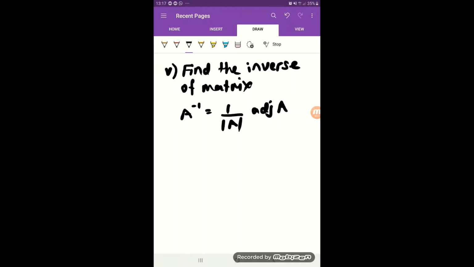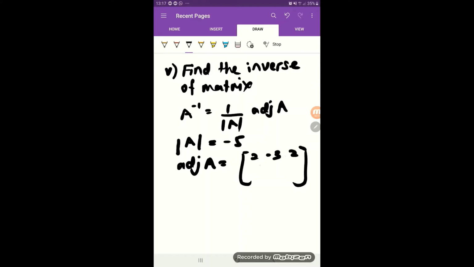Last step is find the inverse of matrix A. Using formula, A inverse is equal 1 over determinant A multiplied by adjoint A. So from the previous calculation, you know that the determinant of A is -5 and adjoint A. What are the elements of adjoint A? 2, -3, 2, -5, 0, 5, 1, 1, -4.